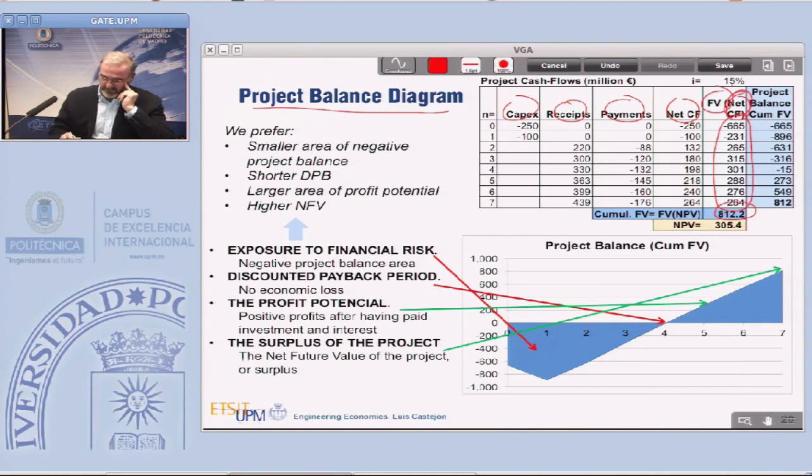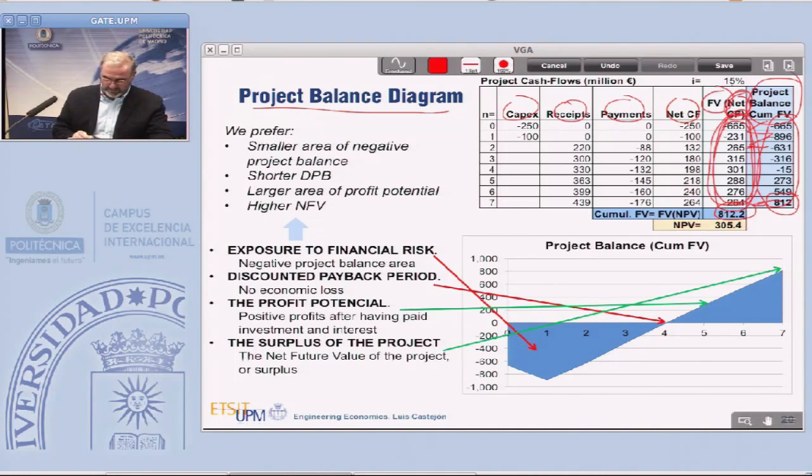You are accumulating the previous year's project balance with this year's future value of net cash flow. At the end, you reach the same amount as the future value of the project, 112. Here you have the discrete amounts of future value, and here the cumulative sum of those discrete amounts. The result is the same, but this is the cumulative project balance.